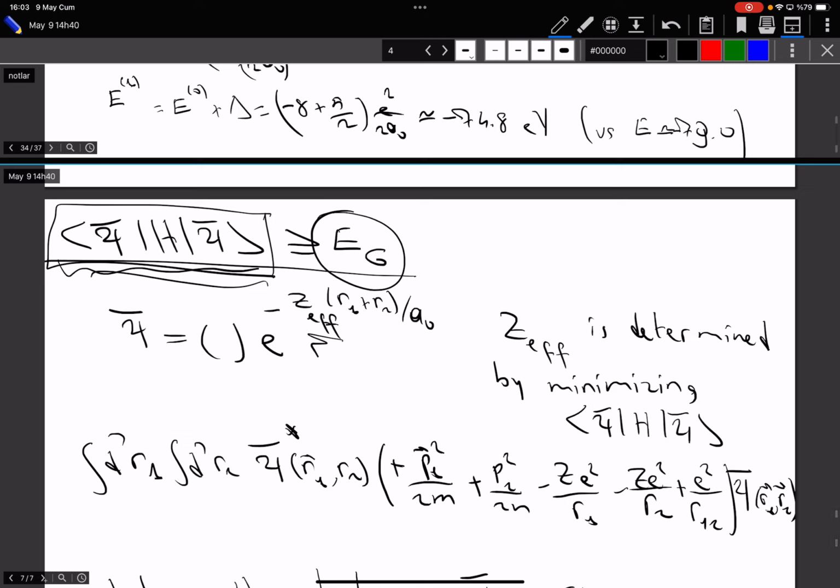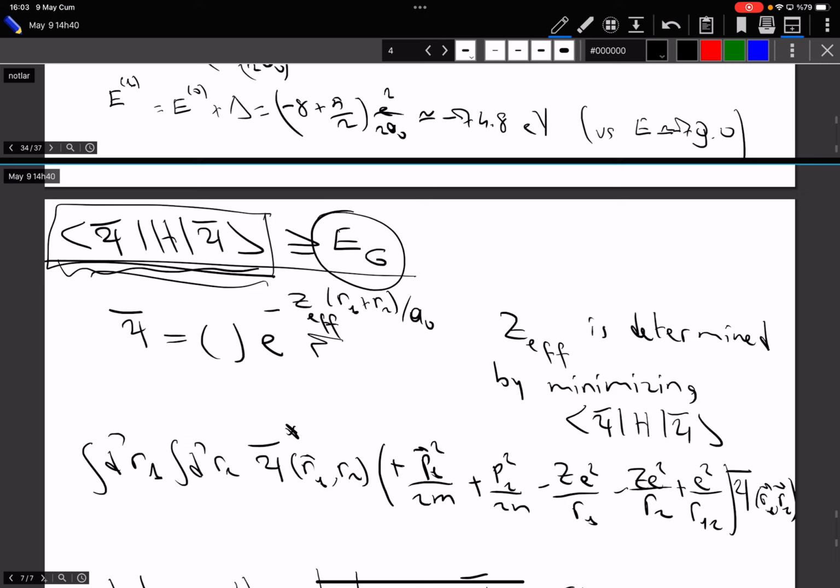And if my left-hand side has some parameters, I can minimize it with respect to those parameters, but it will still be larger than E_g. And typically, if you have a large enough number of parameters, the minimum turns out to be very close to E_g.